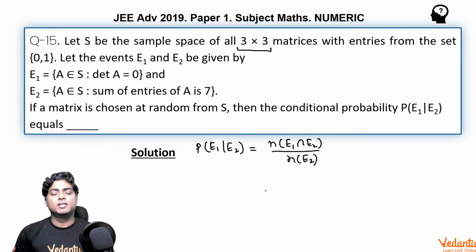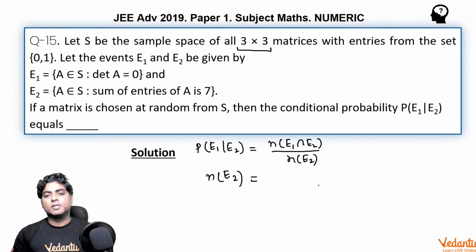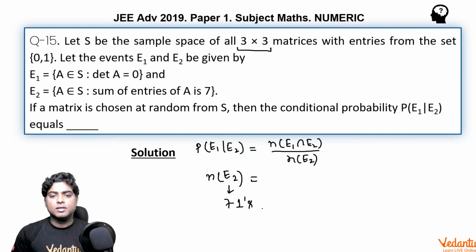It can easily be checked. So for E2 to happen, there must be 7 ones and 2 zeros. Then only the sum of all the 9 entries would be 7.